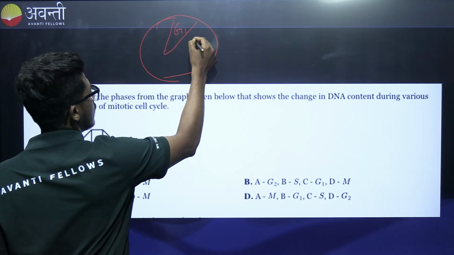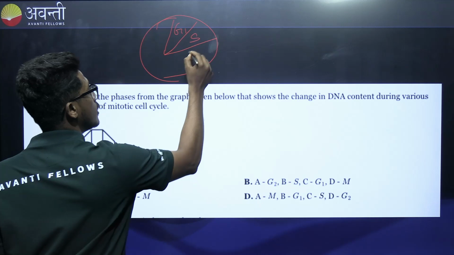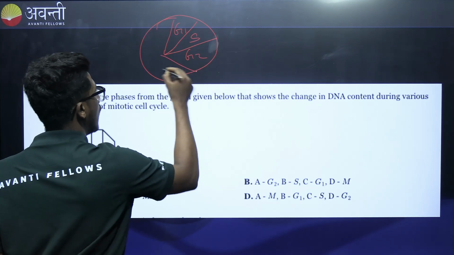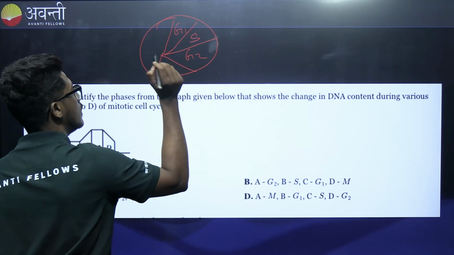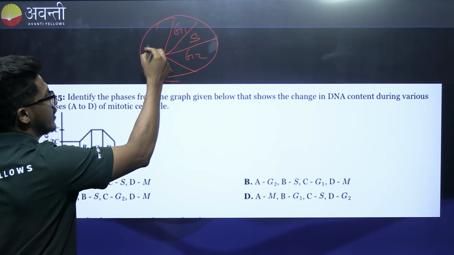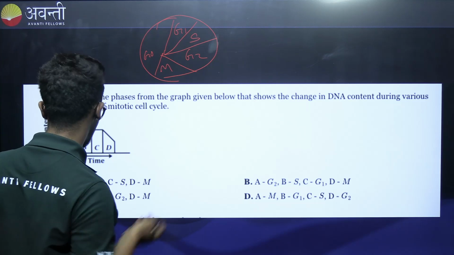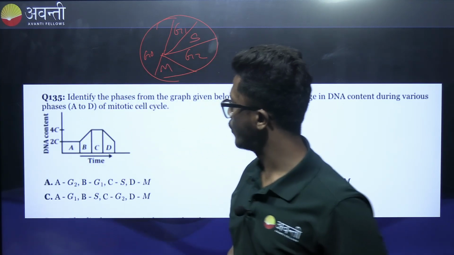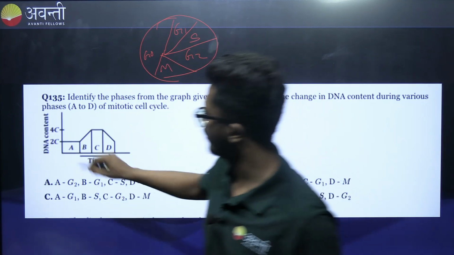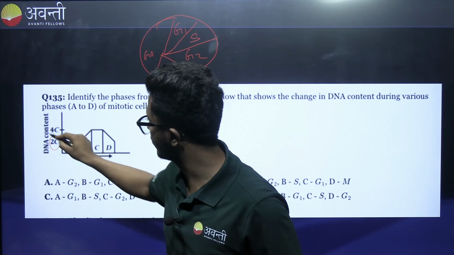Again you have the S phase, the synthesis of the DNA phase, and then you have the G2 phase, and then you have an M phase, and after M phase you have a G0 phase. And here the list is given, and we have to find out with respect to the DNA volume, that is 2C to 4C, etc.